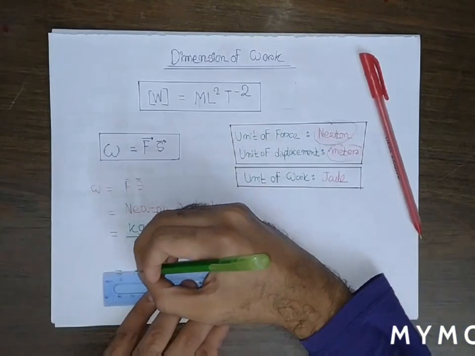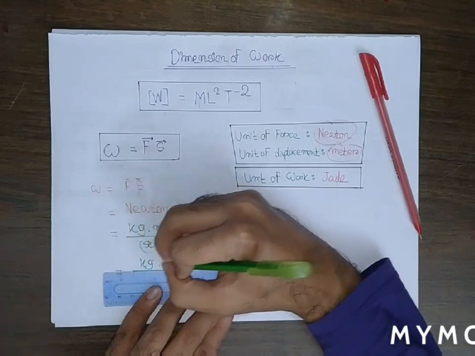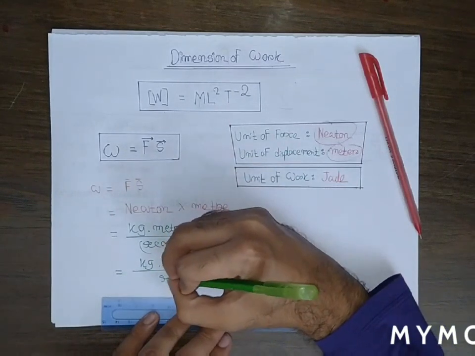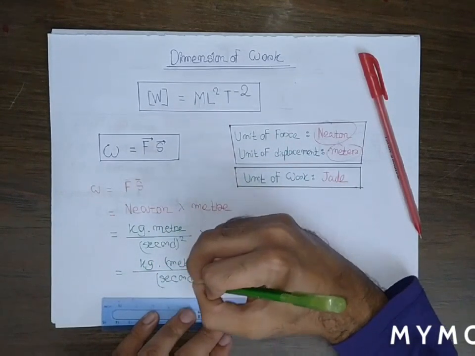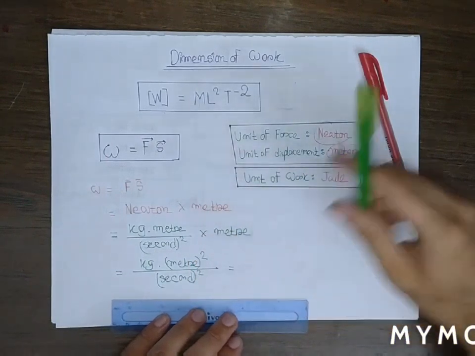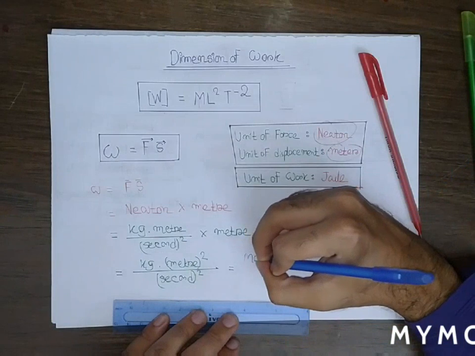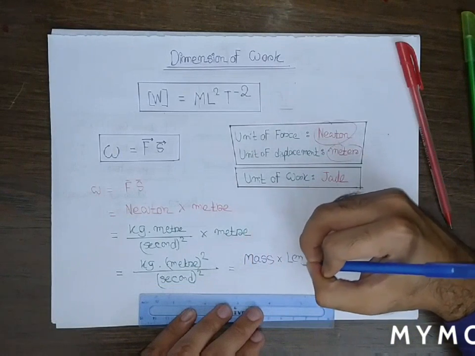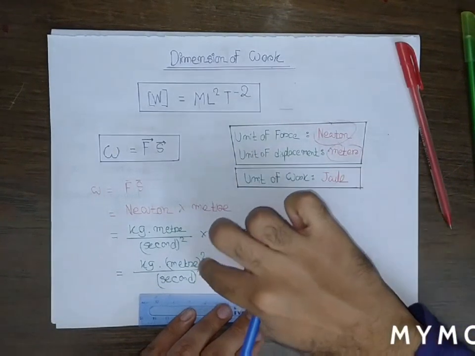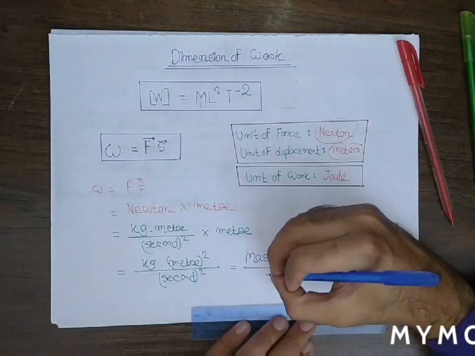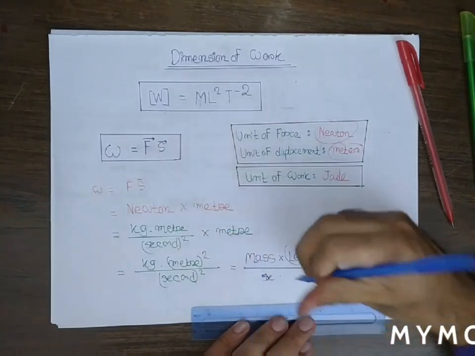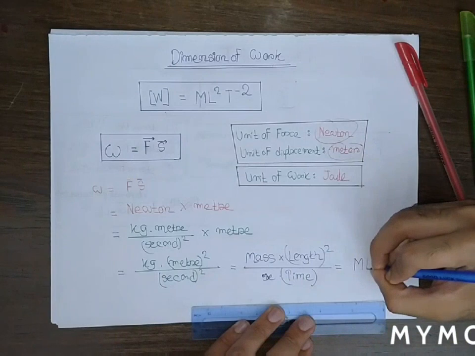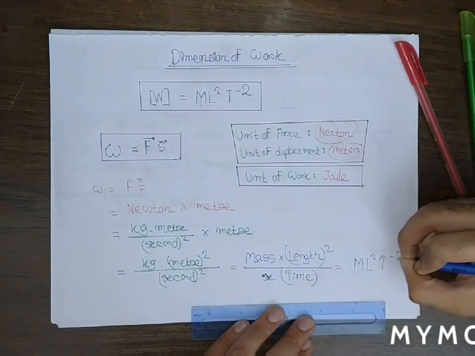Then kg meter multiplied by meter, meter square, divided by second square equals to, now I can write mass into length square, since it's meter square, divided by second square, so it's time square, equals to M L square T inverse 2.